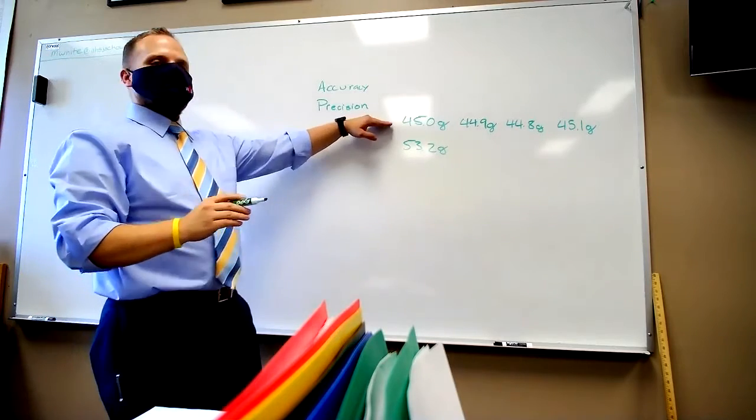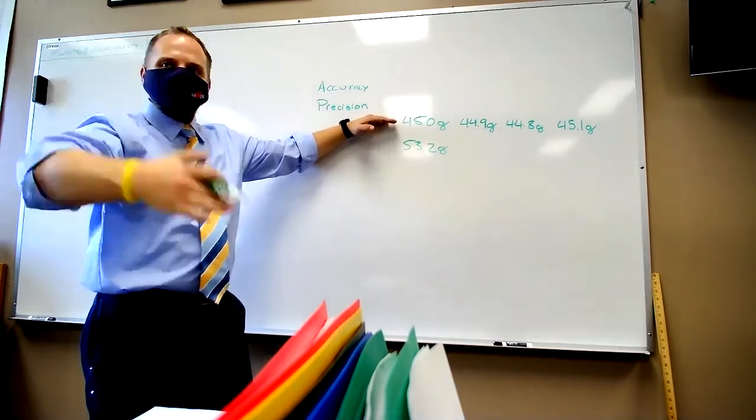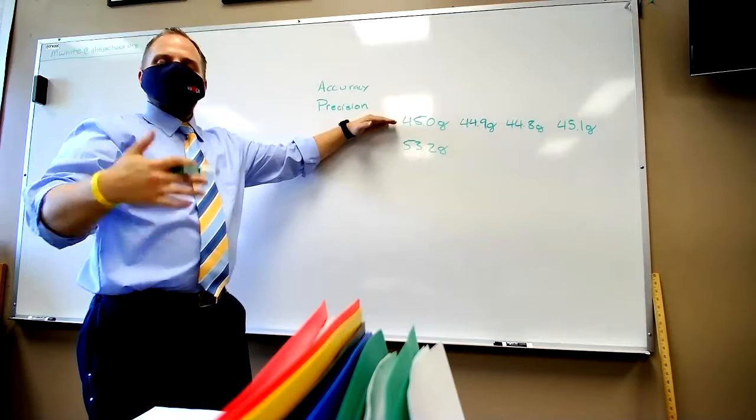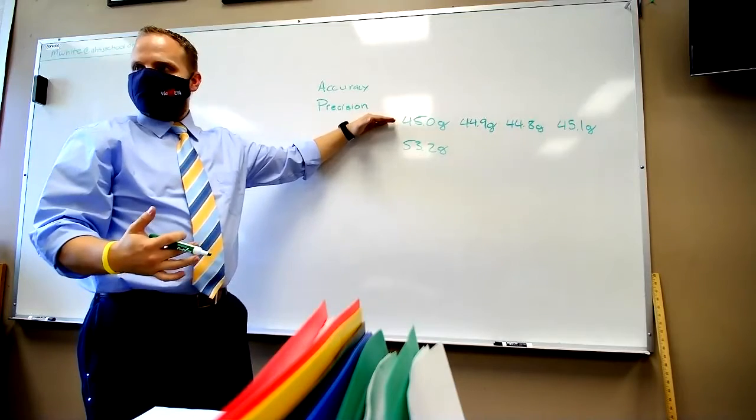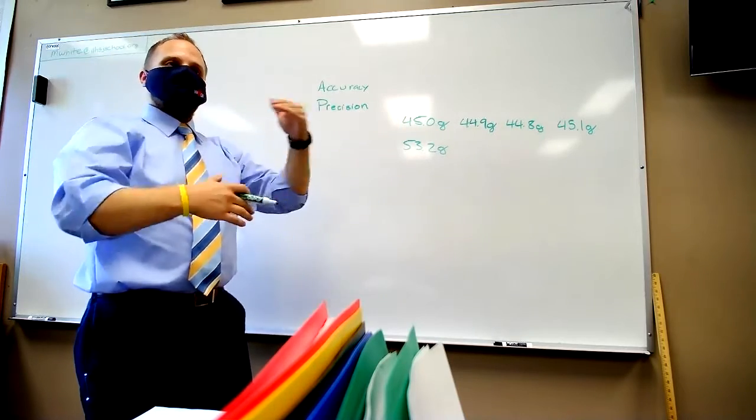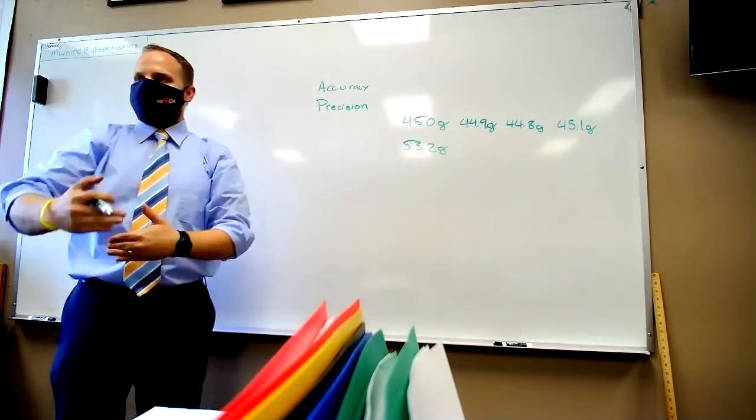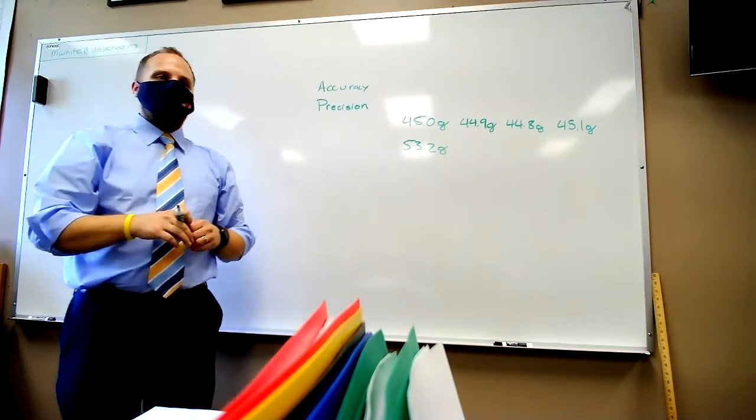That is actually very precise work, because as we do it over and over and over, we're getting the same answer. So precision is, can you do the same thing over and over and over?